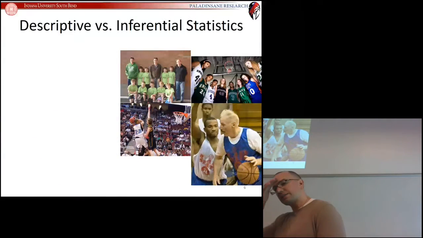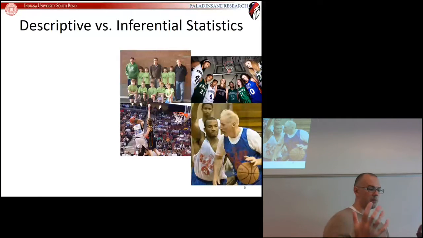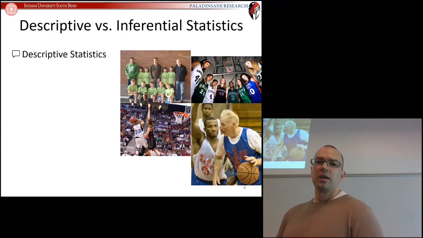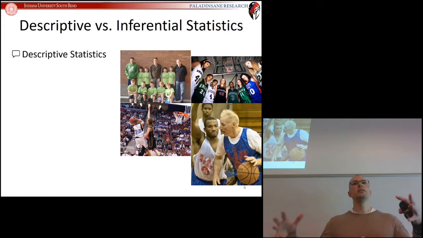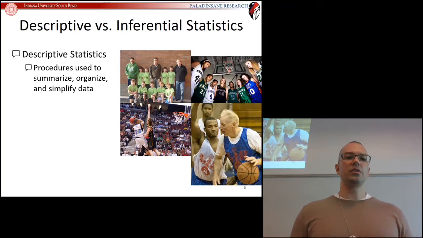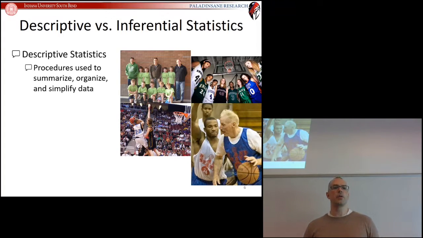All right, so let's first start with the difference between descriptive and inferential statistics. So descriptive statistics, the statistics we're going to focus on over the next few weeks, is used to organize, summarize, and basically make data simpler to understand. So in any data set, you might have 20 numbers, 30 numbers, 50 numbers, 100 numbers.